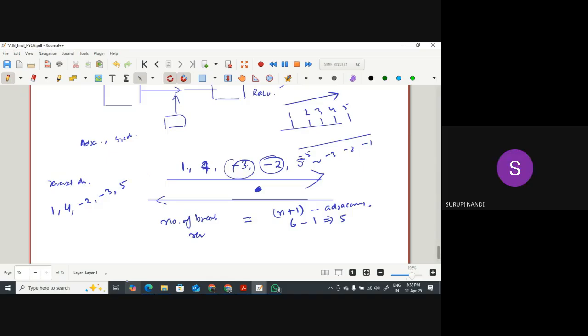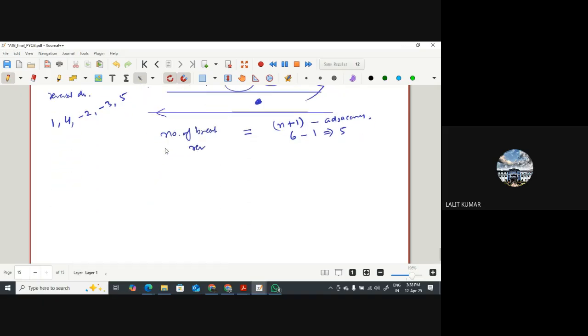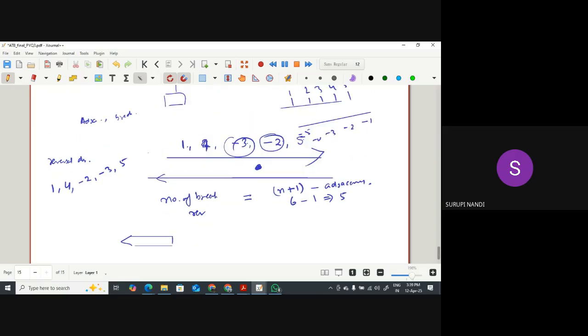In the sequence you have just written, 1, 4, minus 2, minus 3, 5, is there any adjacency? Yes, minus 2 and minus 3.